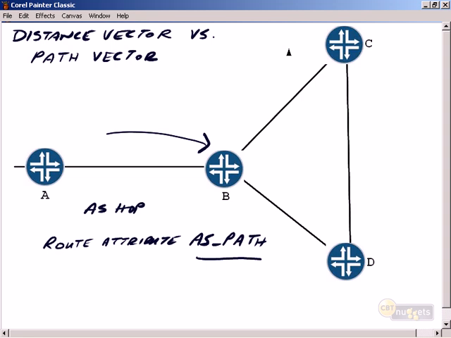So really the difference between distance vector and path vector is kind of semantics, right? The semantics being, well, a RIP version 2 distance vector route is the sum of quantities, okay, the sum of hops, whereas path vector is a sequence of quantities, a sequence of autonomous systems. Okay, so there you go.